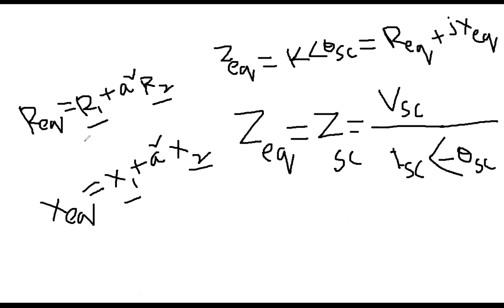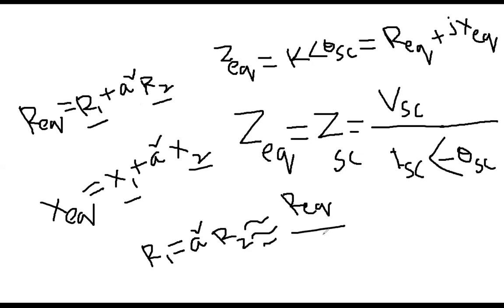If a transformer is designed pretty well, or is in good shape, then this is the approximation: R1 equals A squared R2, which is pretty close to R equivalent over 2.